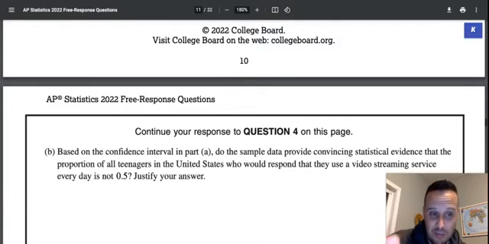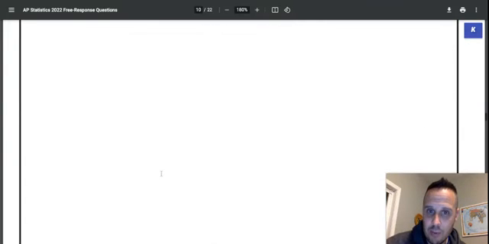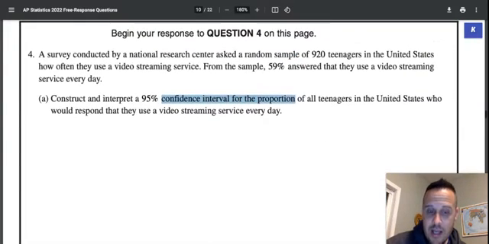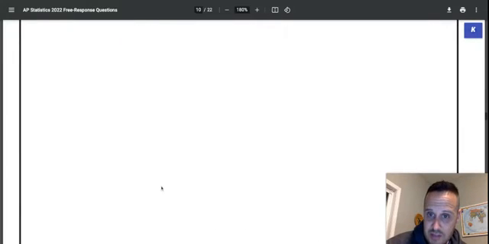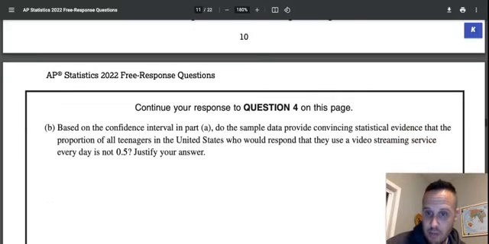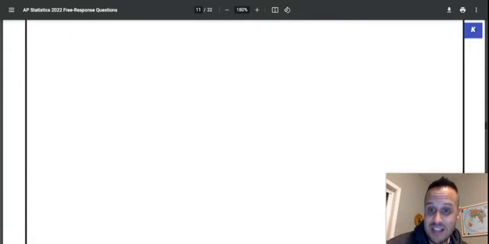So this is an alpha of 0.05. If 0.5 is in that interval we got up above, which I haven't done the math, then I would say no, the data do not provide sufficient evidence of that because 0.5 is in the interval. Or if 0.5 is not in the interval, you could say, yes, there is less than a 5% chance that you would be, because 0.5 is not in that interval.